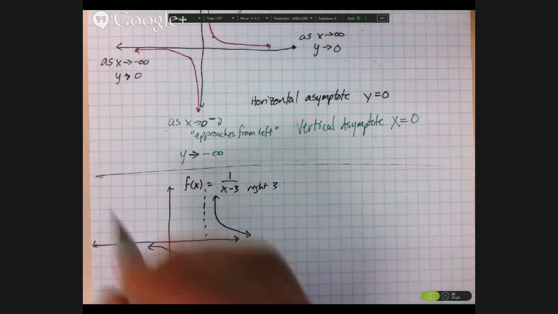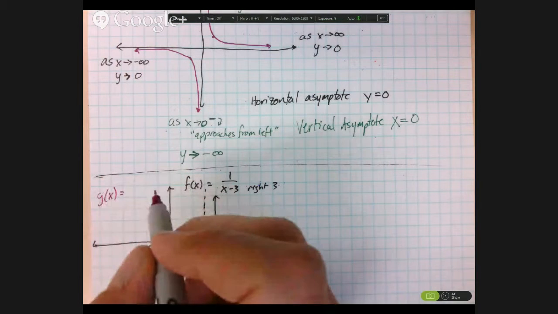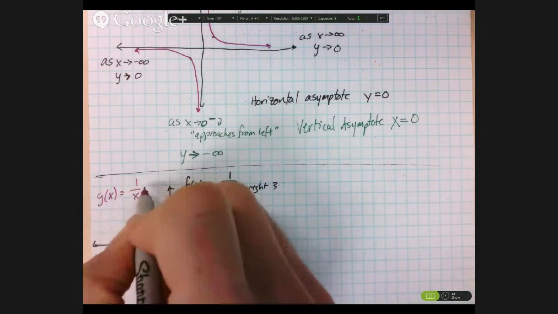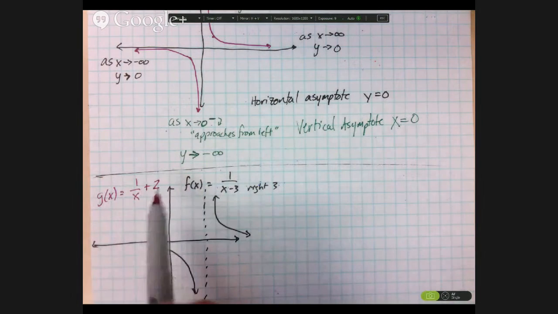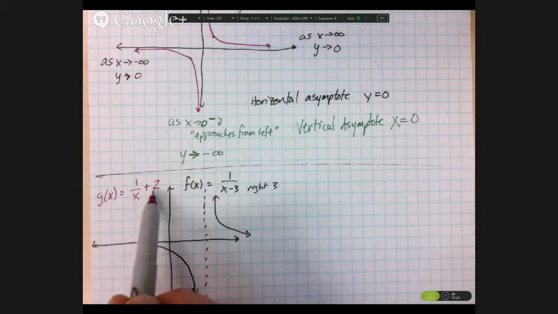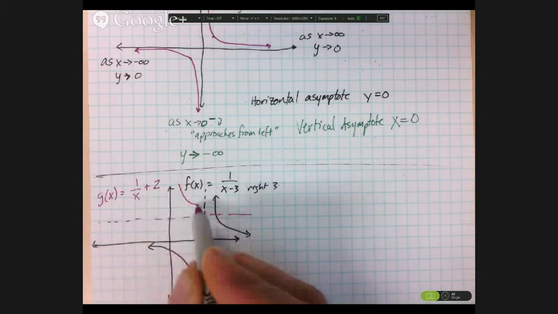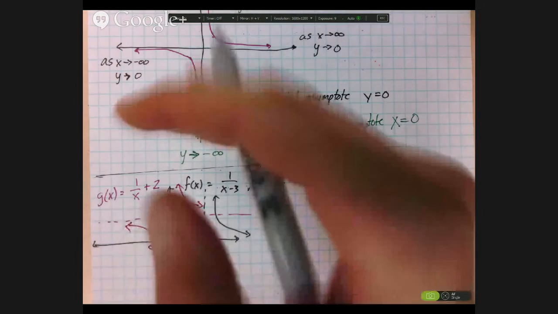What about, give me a small single digit number. That one does what? Yeah, up 2. Outside of the x, outside of the fraction there, so up 2. All you do is take the parent and move it up 2.